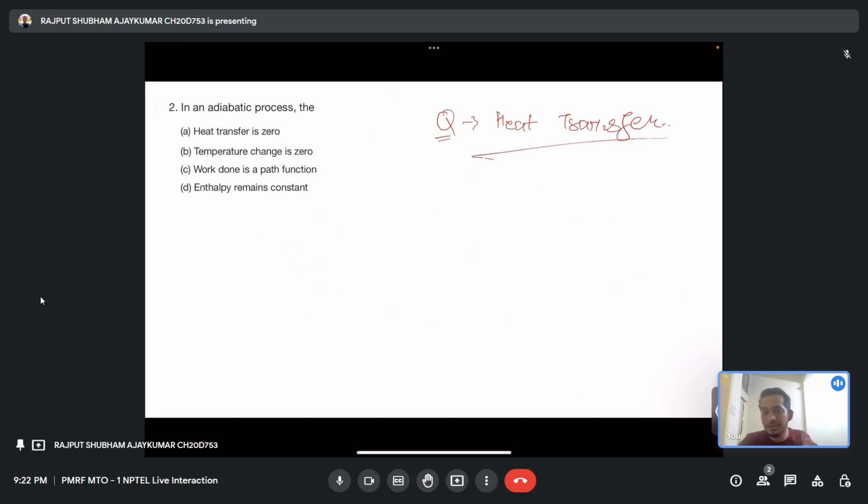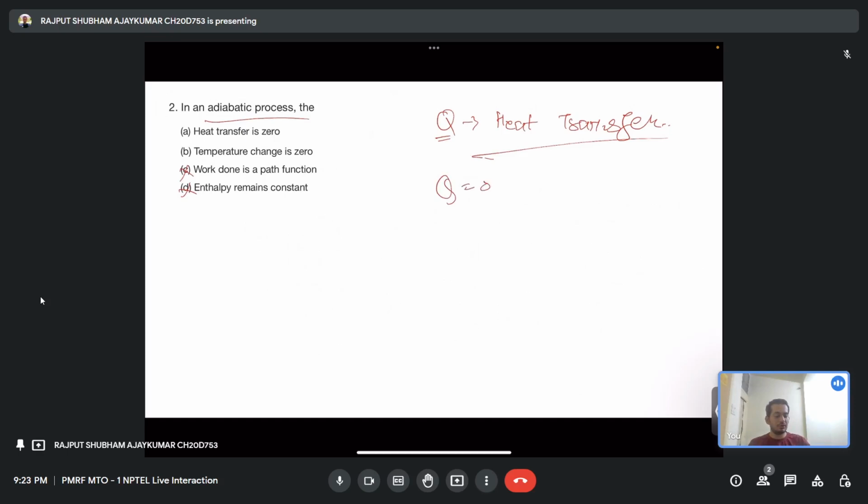You can clearly point out that two of these options are not related to the adiabatic process, because work done is a path function is a separate thing, and enthalpy remains constant is another separate thing. The only two things you can relate are heat transfer is zero or temperature change is zero. In an adiabatic process the heat transfer Q is zero.